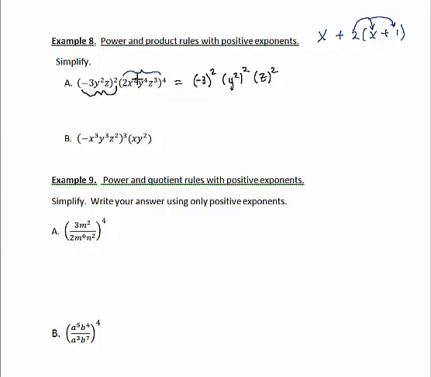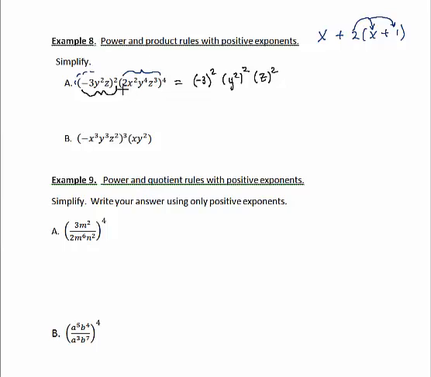We can't add this x squared or this y to the 4th with this y squared before we apply the 2 and the 4 on the outside of the parentheses. And so that's what we're going to do. We've already done that with this piece.